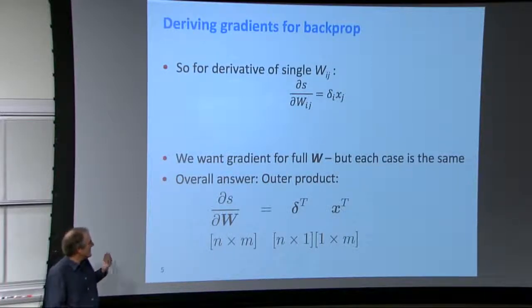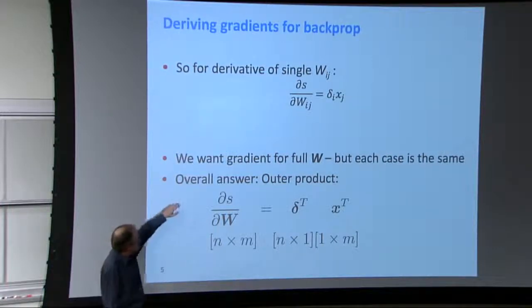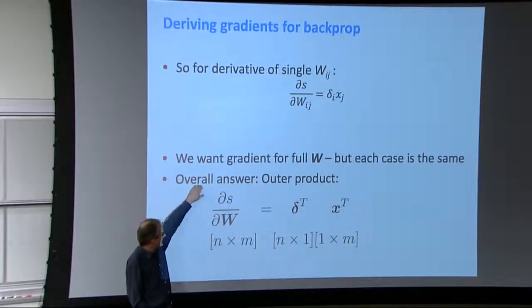So we want to have a matrix for our Jacobian which has delta i xj in every cell of it. And the way we can create that is by using an outer product.